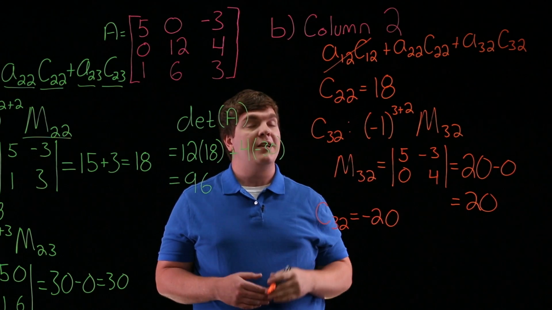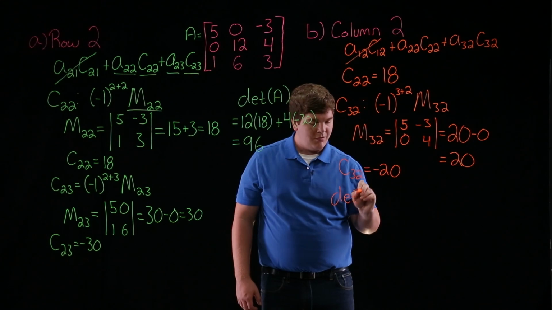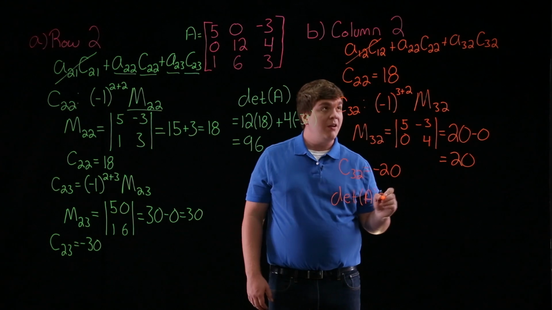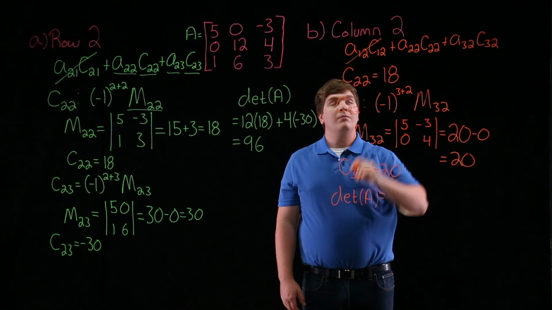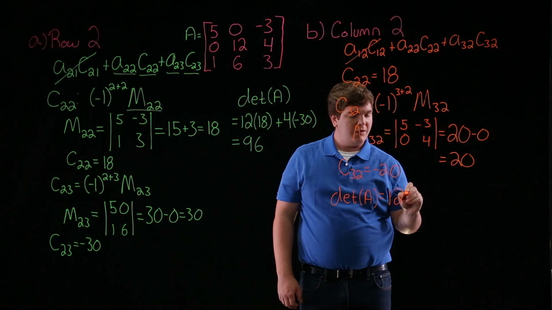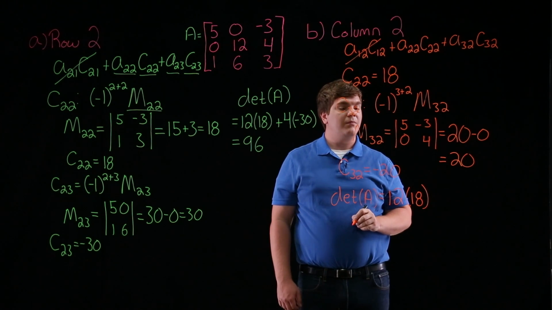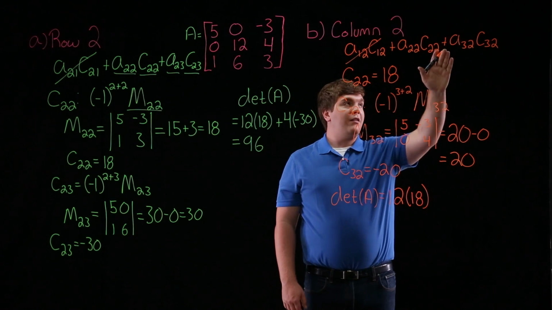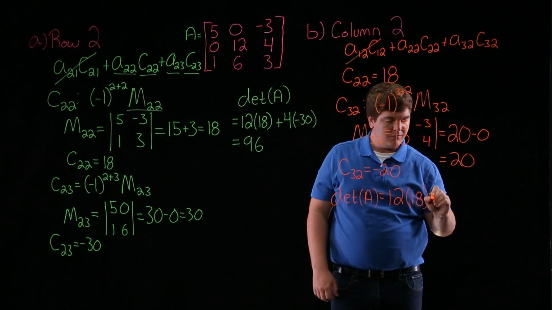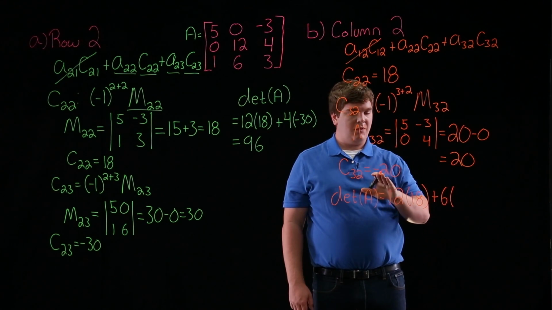So by using the expansion along column 2, the determinant of our matrix A is given by A22 times C22, which is 12 times 18, plus A32, which is 6, times -20.